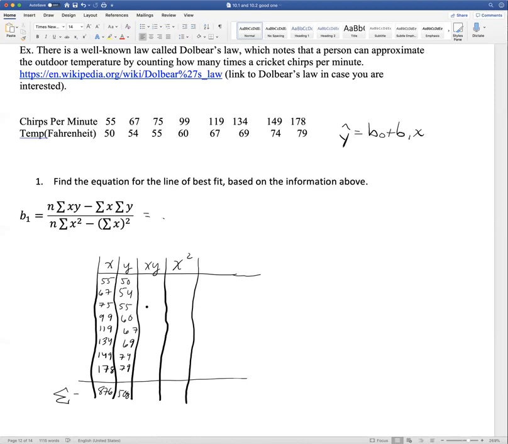So 55 times 50 equals 2,750. 67 times 54 equals 3,618. 75 times 55, 4,125. 99 times 60, 5,940. 119 times 67, 7,973. 134 times 69, 9,246. 149 times 74, 11,026. 178 times 79, 14,062.